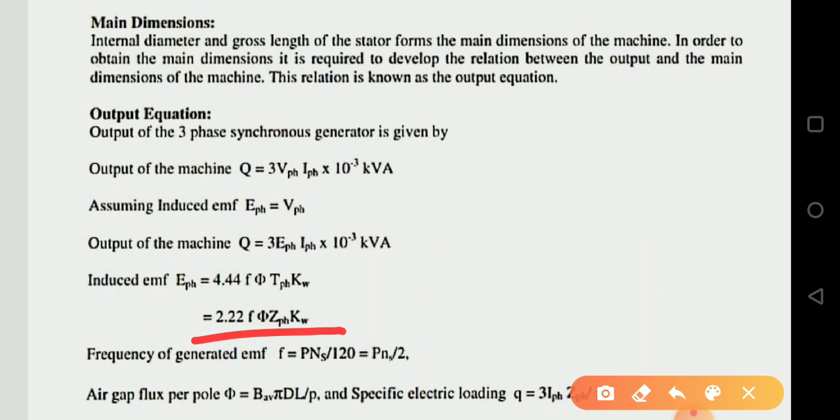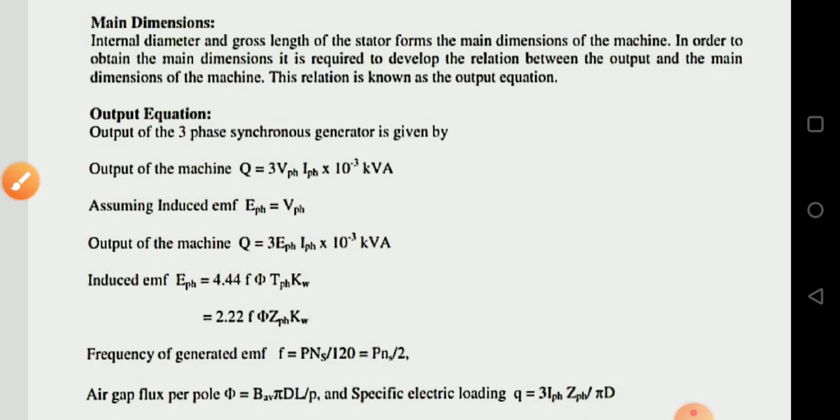Now we know that frequency is P into Ns upon 120 with Ns in RPM, and Pn upon 2 with n in RPS. We put these values in this equation, and we know that air gap flux per pole phi equals B average pi d L upon P, and specific electrical loading is 3 into IPH into ZPH upon pi d.